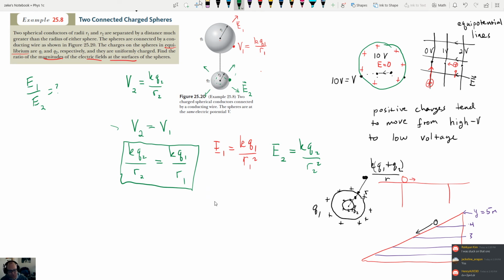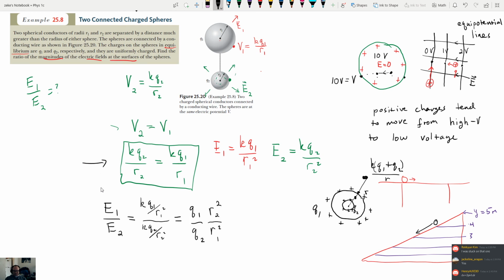Our goal here was to find a ratio of E1 to E2. Let's just start writing it over here. If I want to do E1 over E2, this should be equal to, if I divide them by each other, the k's will cancel out, so R1 squared is going to be in the denominator, and R2 squared will be up here in the numerator.